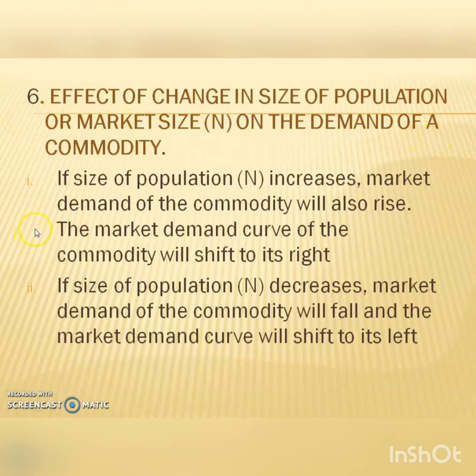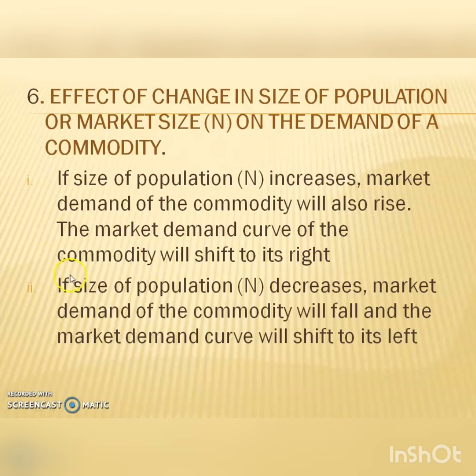There are two situations. First one, if the size of population or the number of consumers in a market increases, the market demand of the commodity will also rise. So what happens to the market demand curve? The market demand curve of the commodity will shift to its right.